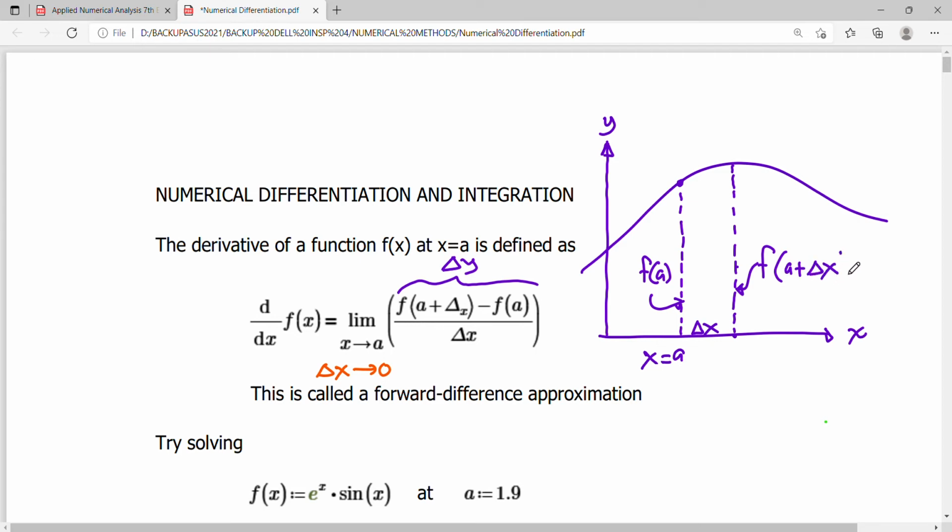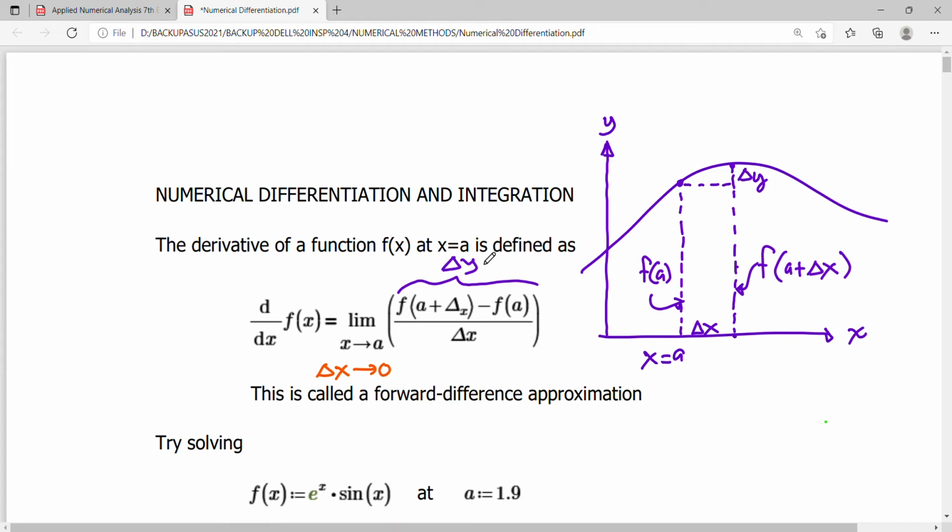Okay, so I'm just trying to get, on the numerator, the difference delta y, because this is your first functional value of y, and this is the second functional value. If I subtract the first from the second, I get my delta y there.